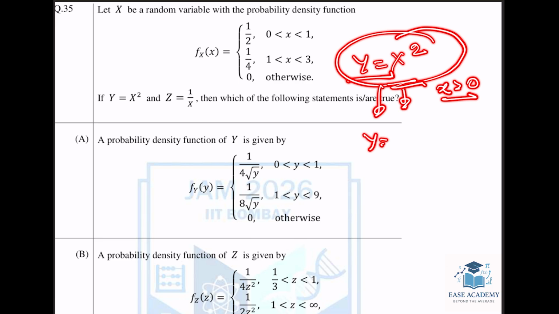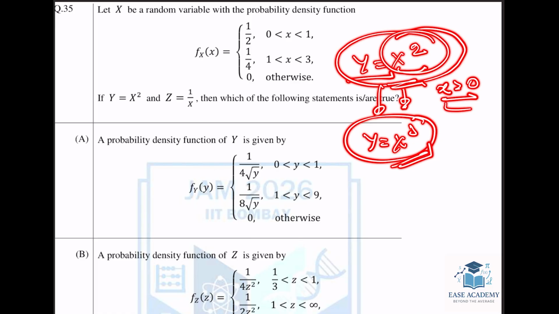If Y is equal to X cube, for an odd function there is always a 1-1 function. For even we have to check the range. So here Y is equal to X square is a 1-1 transformation.